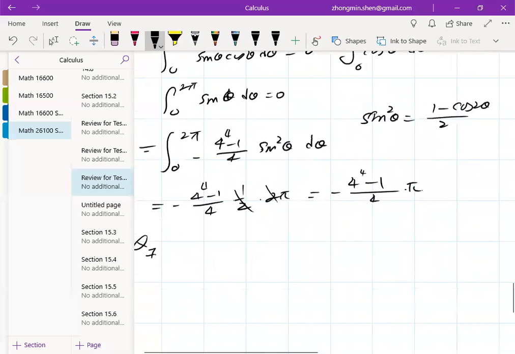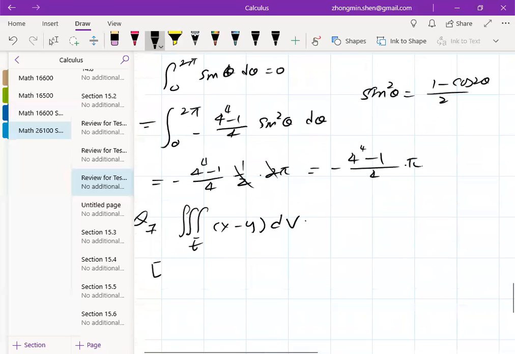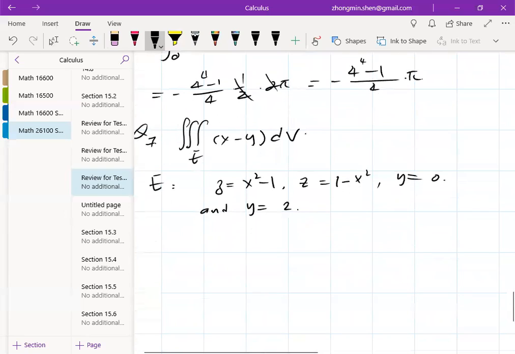Okay, so the next one is also a triple integral. E is enclosed by the surfaces z equals x squared minus 1, z equals 1 minus x squared, y equals 0, and y equals 2. All right, can we draw this graph?